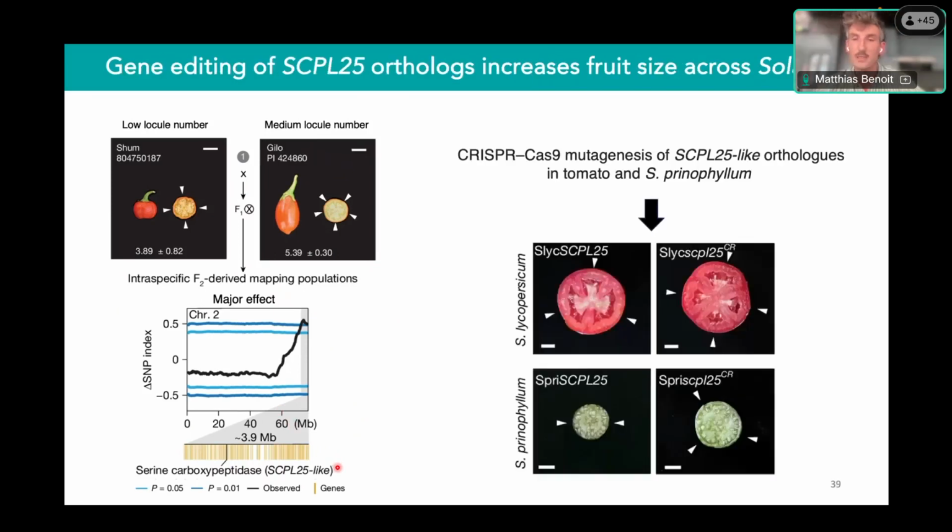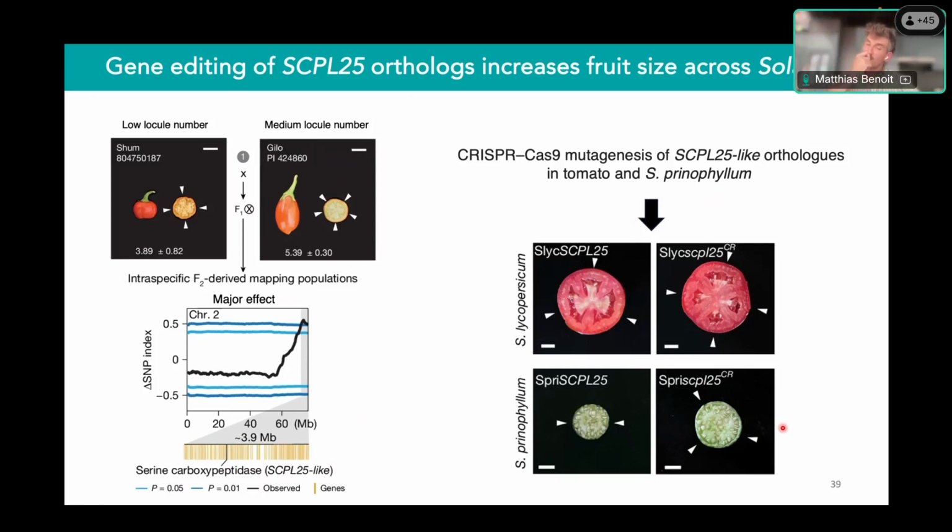So using genome editing, we mutated the ortholog of this SCPL25 gene in tomato and in Solanum prinophyllum. And what you can see is that the loss of function of this gene in those two species ends up increasing the number of locules in the fruit, right? And hence increasing the size of the fruit in those two species, right?